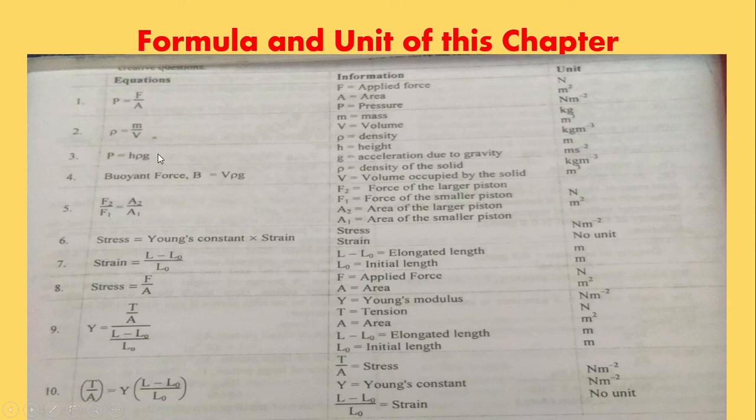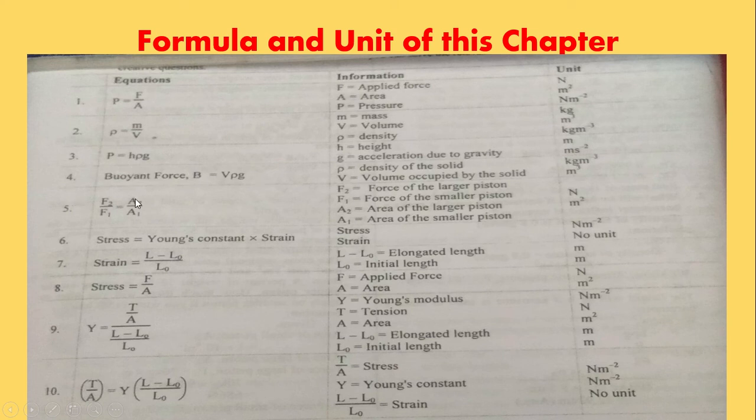P equals h rho g. That means P, the pressure at any point in the liquid, is equal to h rho g, and it is proportional to h because rho and g are constant. Buoyant force B equals V rho g.